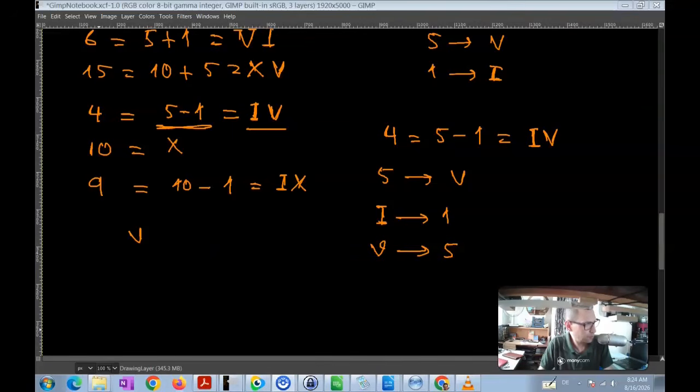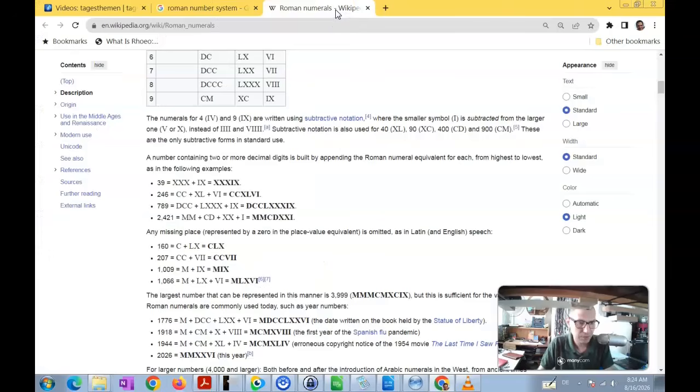And then in this system, whenever you want to write, for example, 160, you would write 100, which is a C, right? And a 60 would be L, which is a 50, and then X is a 10.